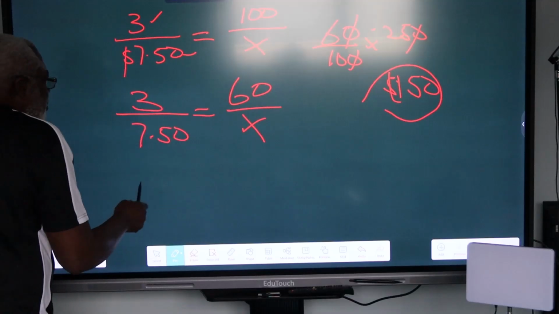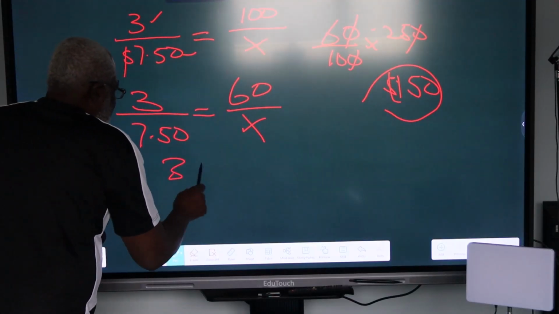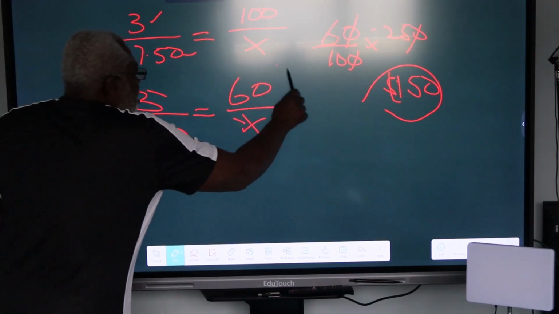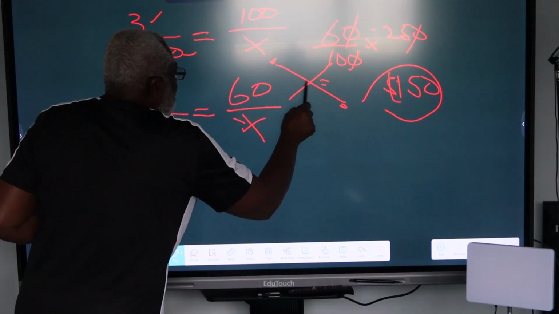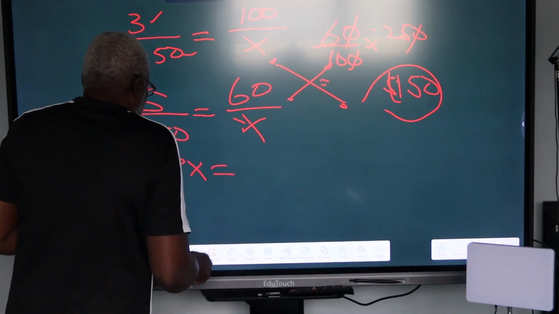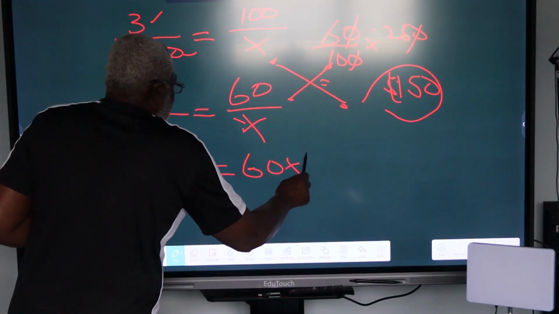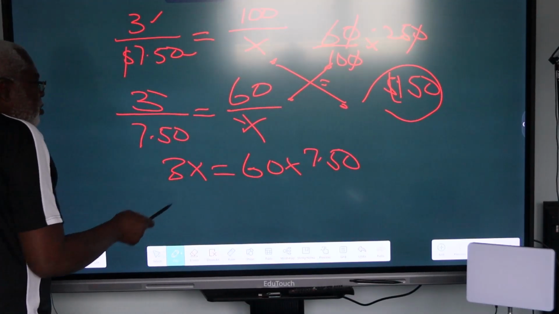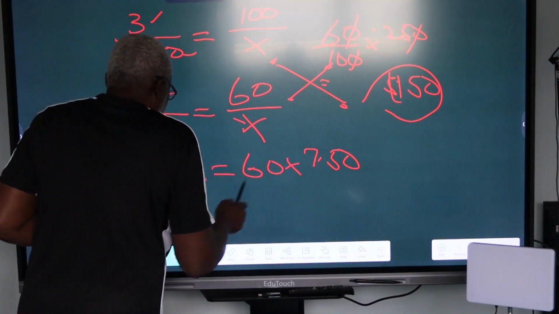And so we have the same problem here. So 3 times x, cross multiply, this times this equals this times this. So 3 times x equals 60 times 7.50. When you work it out, you should get the same $150.